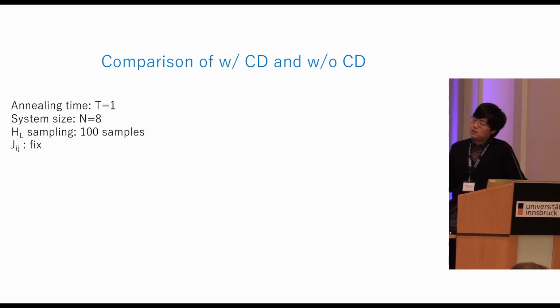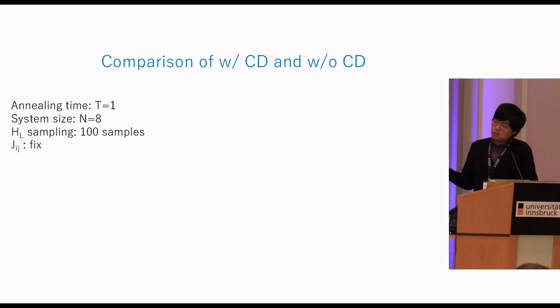And we examined up to 30 samples for J_ij, but all samples show similar behavior. So therefore, we will show a typical realization for J_ij.